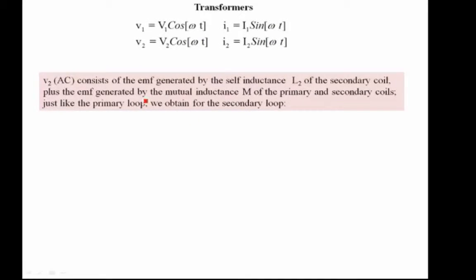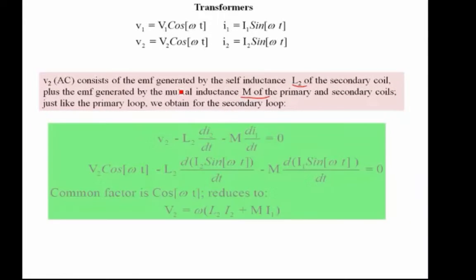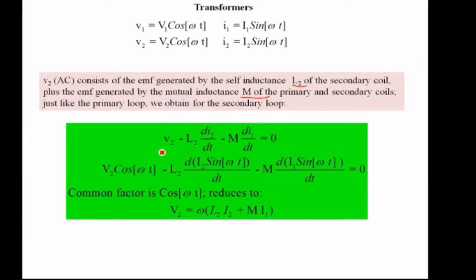So what about V2? Well, that consists of the EMF generated by the self-inductance L2 of the secondary coil, and the EMF generated by the mutual inductance M of the primary and secondary coils. Just like the primary loop, we can obtain an equation for the secondary loop, and it looks very close to what we had before.